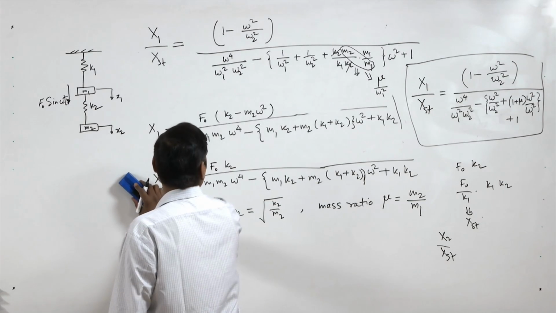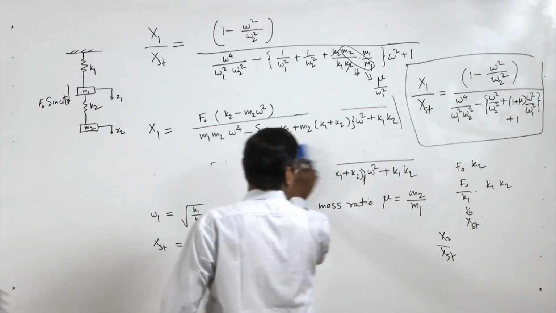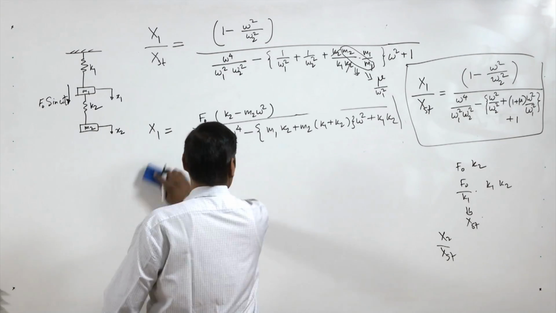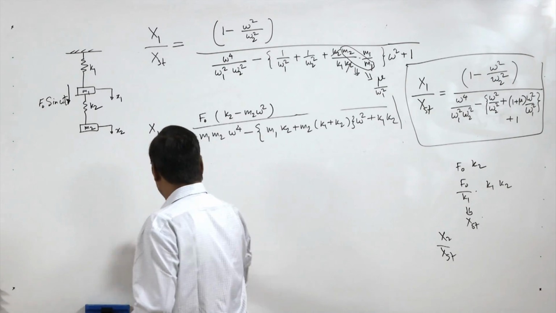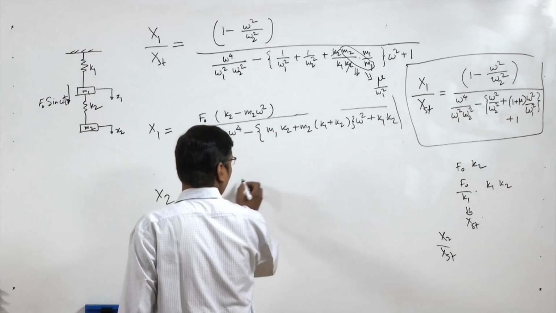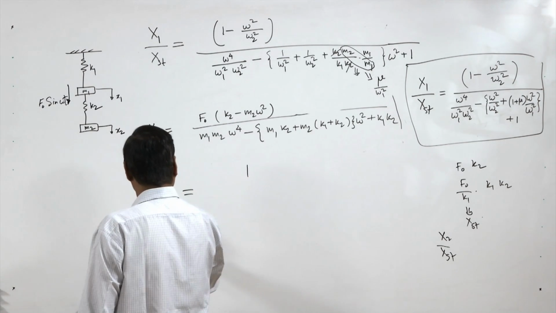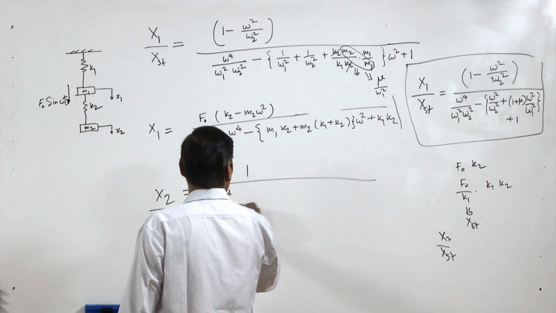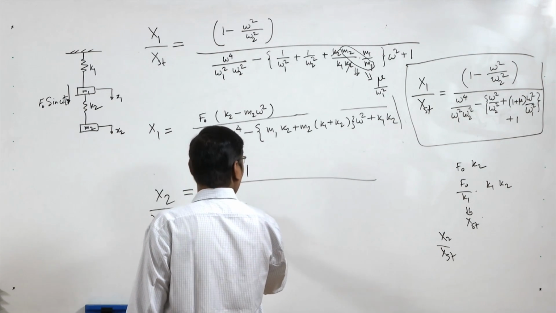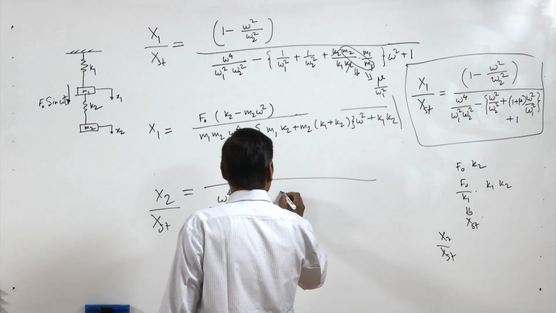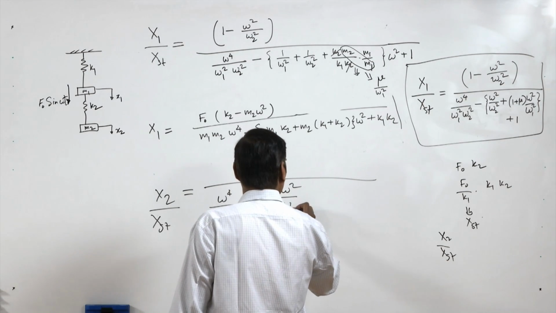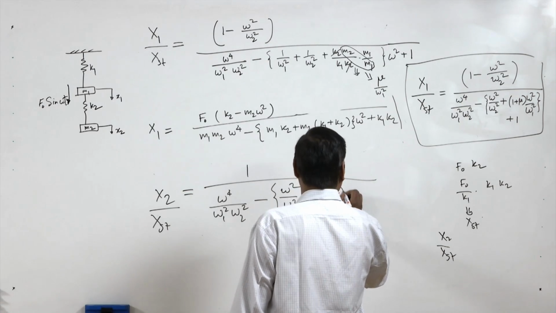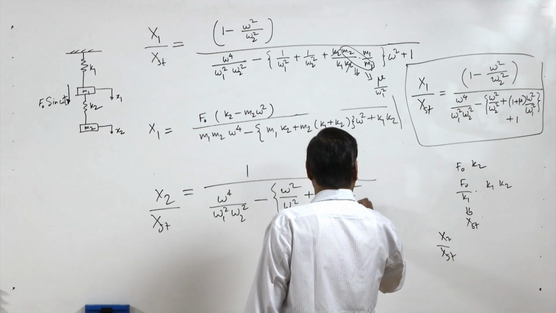So x2 by x st equal to 1 upon omega 4 by omega 1 square omega 2 square minus omega square by omega 2 square plus 1 plus mu omega square by omega 1 square.